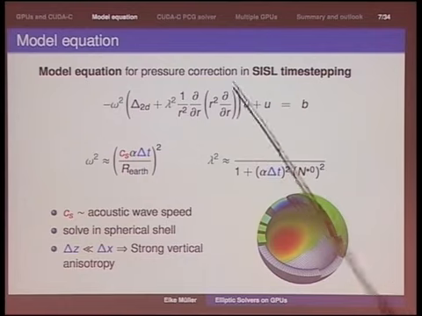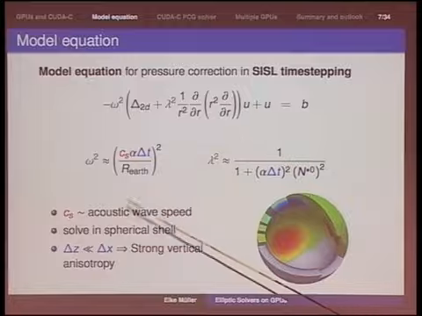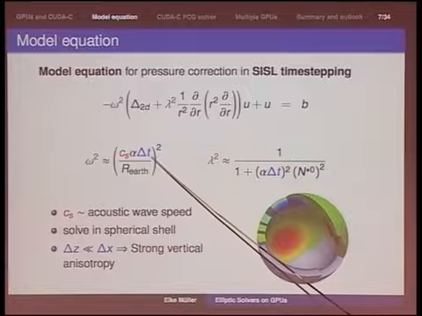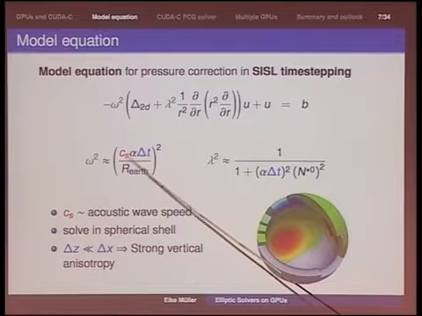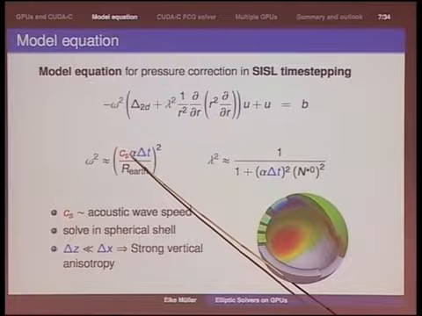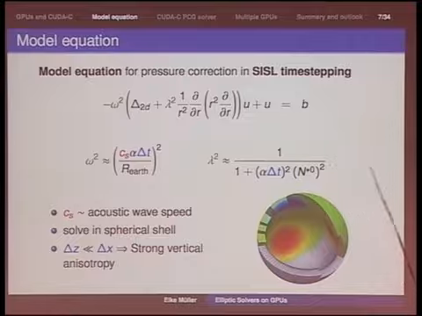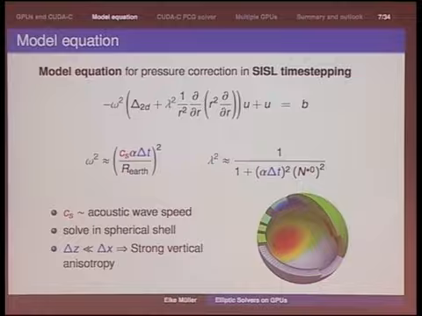And you have a constant term, and there are some constants here. There's an omega squared in front of these derivative terms, which is basically given by the size of the time step and the speed of sound waves in your model. And then you've got this lambda squared here, which is given by the buoyancy frequency. So this is the simplified equation we came up with last year.